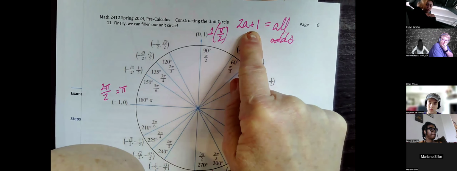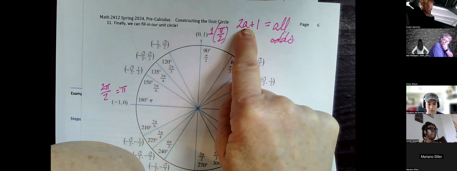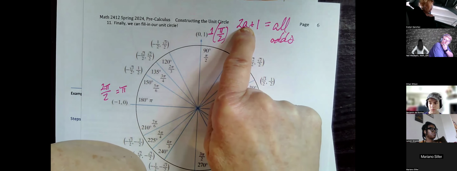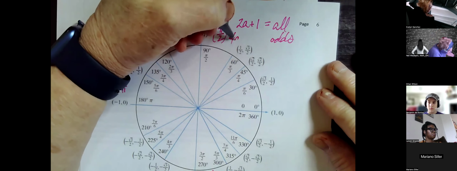Here we have 4 plus 1. Yes, so this is of the form 4a plus 1, and this is of the form 4a plus 3.